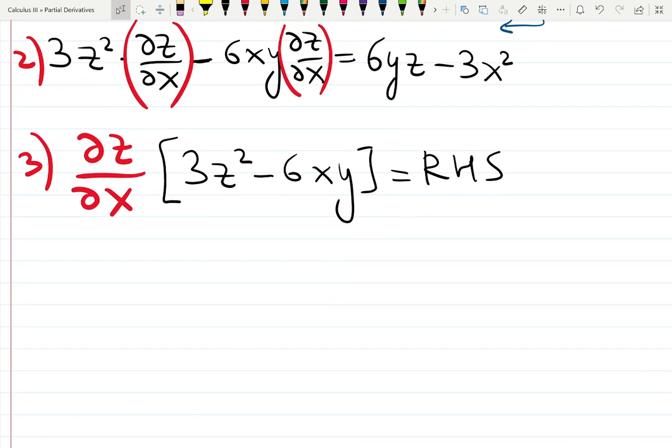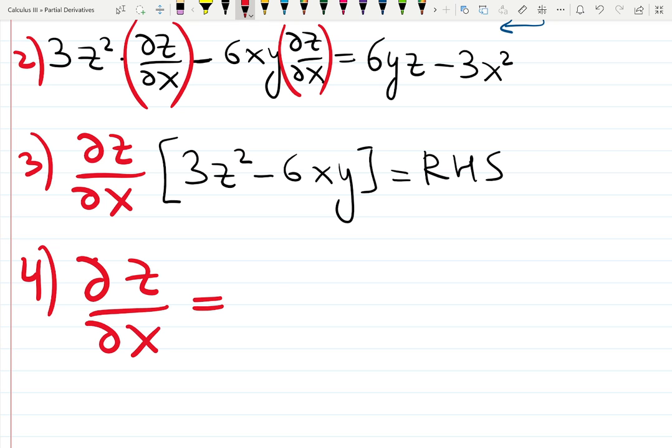I'm just too lazy to copy it. Step 4 is the answer, and it always has the same look: dz over dx equals right-hand side over those brackets. That's kind of the whole idea.